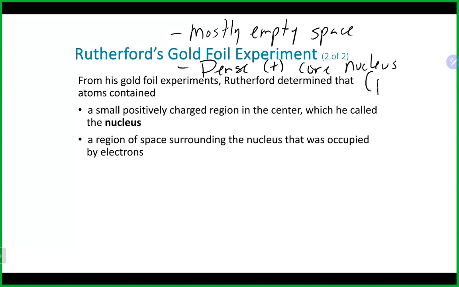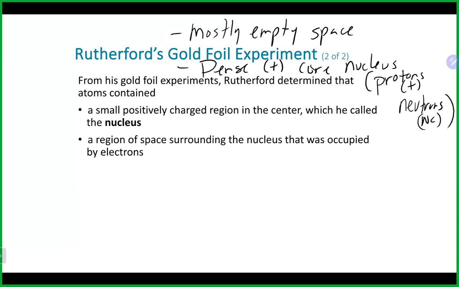And in that nucleus, it was later found to contain protons, which are positively charged. And later on, in 1932, for example, it was found to also contain neutrons, which have no charge.